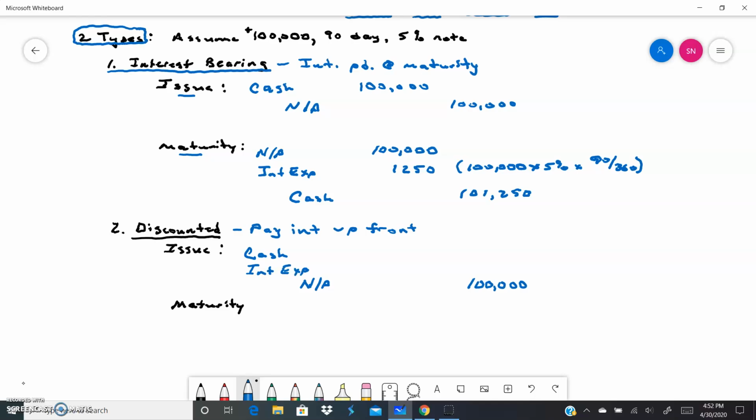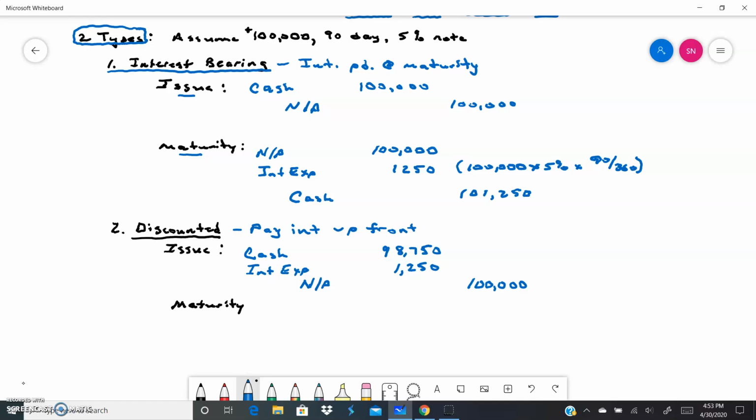So we have interest expense on the date of the issuance of $1,250, and it would be calculated the same as the other example. So now, in order to make the entry balance, we're not going to get the full $100,000. We're only going to get $98,750.